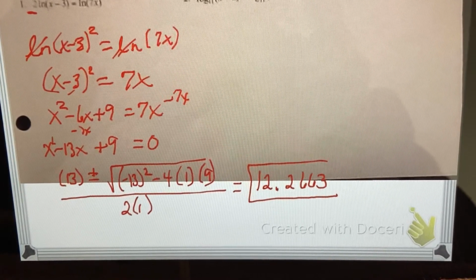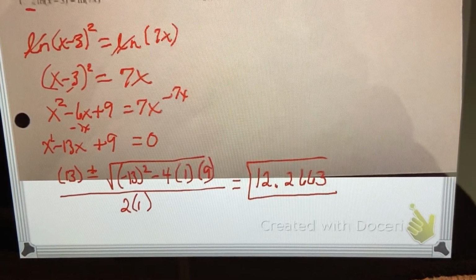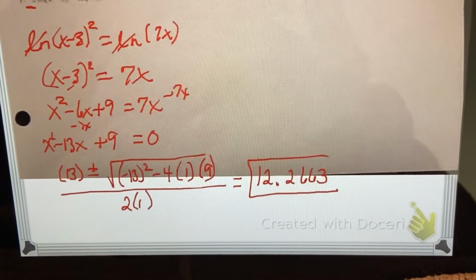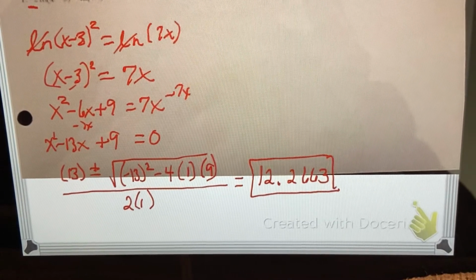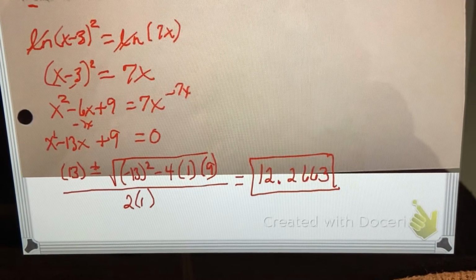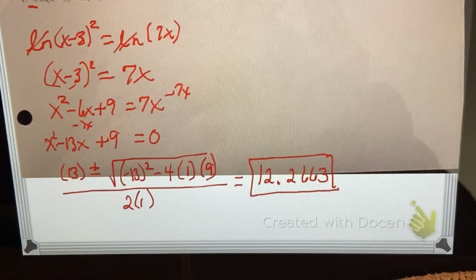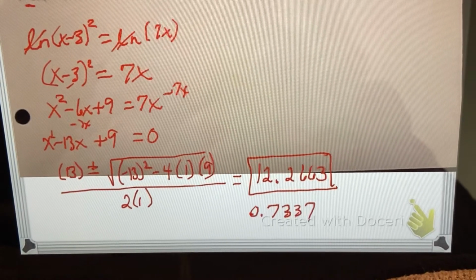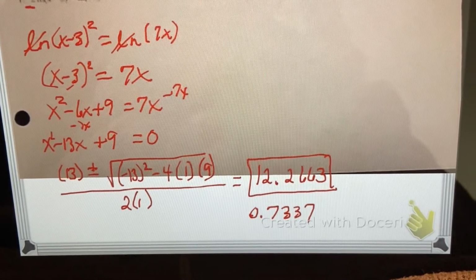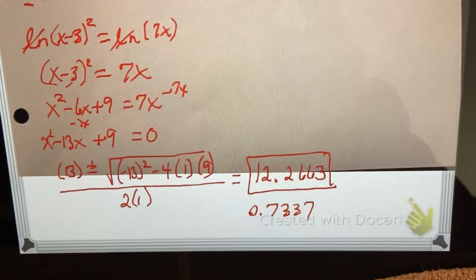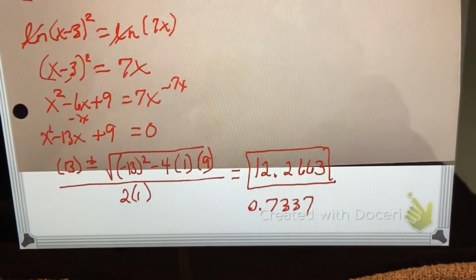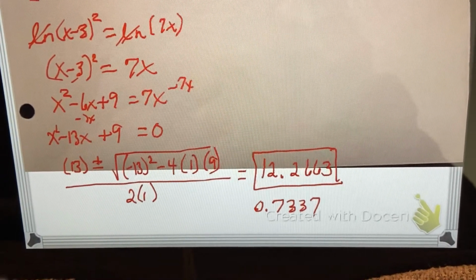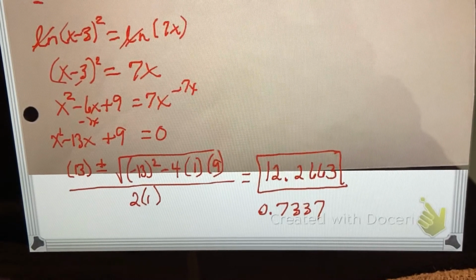And I'm also going to end up with a negative number. Okay, I went back to my calculator and I found the other answer, because remember, quadratic formula, I want to get 2 sets of answers. It didn't happen to be negative.